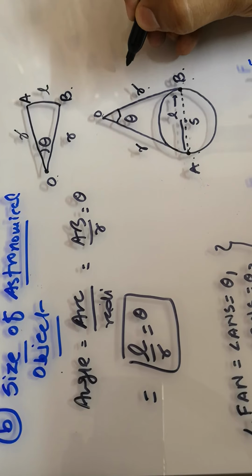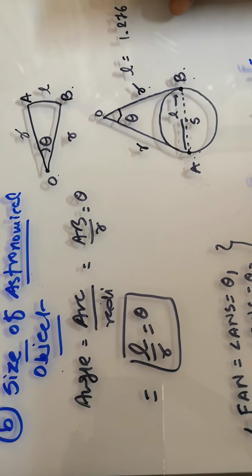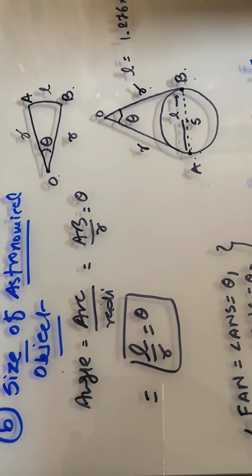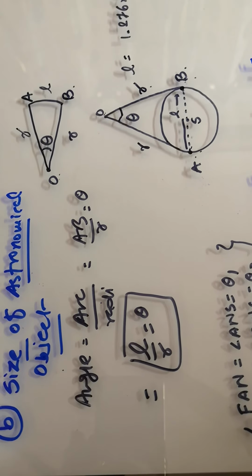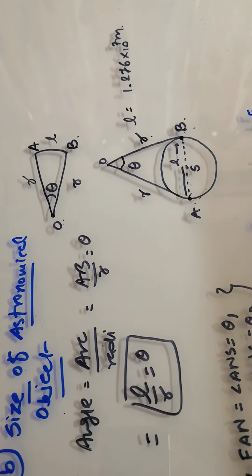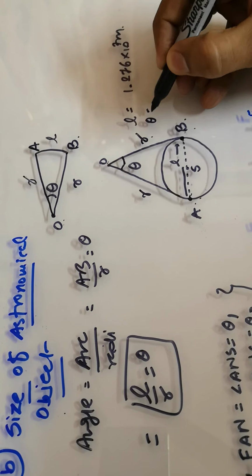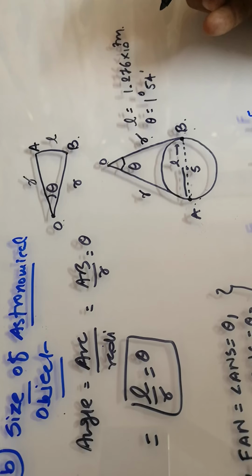So I am saying that L is equal to 1.276 cross 10 to the power 7 meters. These are the values of my angles and radii, and this angle theta in front of me is 1 degree and 54 minutes.